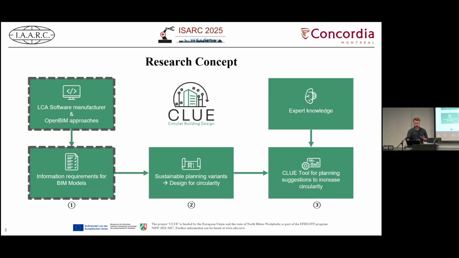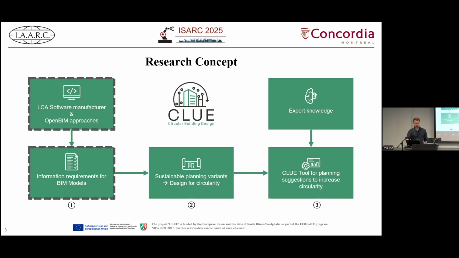We have a research project, so I'll give you a quick overview of it. In the research project CLUE, which stands for Circular Building Design, in the first step, we focus on the information requirements of different LCA software and open BIM approaches.